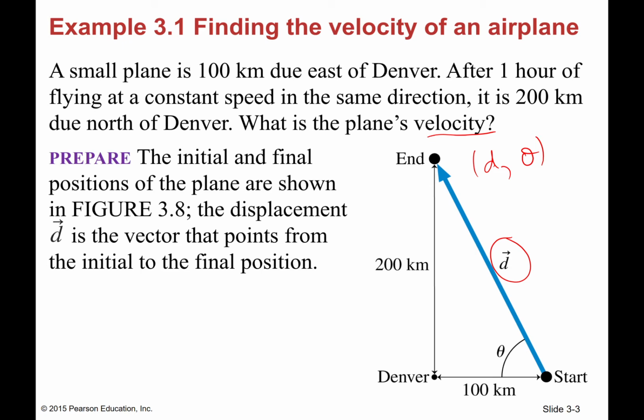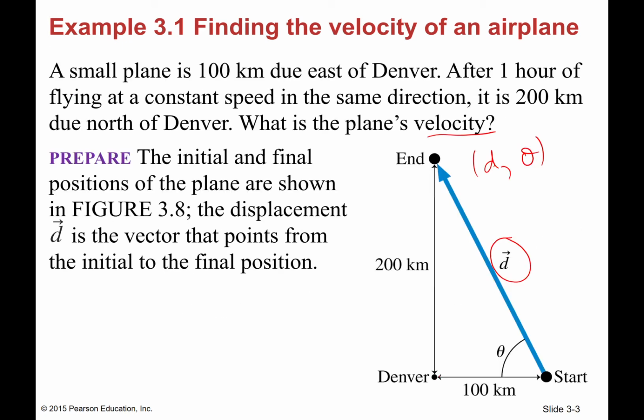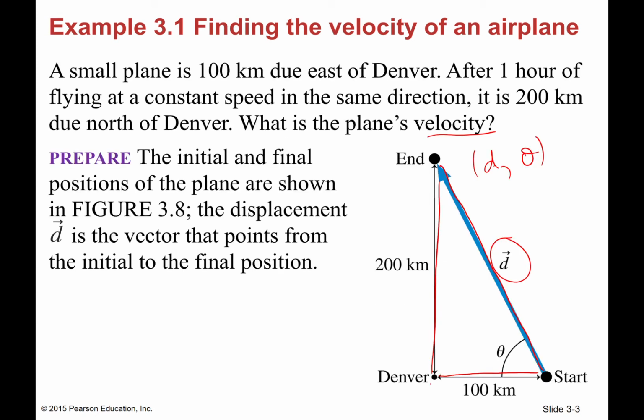So let's find the magnitude. If you look at this, this is a right triangle. So we can use Pythagoras to find the length of this side here, and that would be the magnitude of your vector. So the magnitude of the displacement vector is the square root of 100 kilometers squared plus 200 kilometers squared, which is Pythagoras.